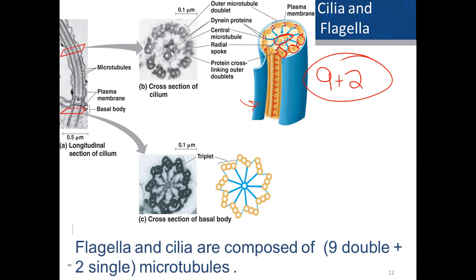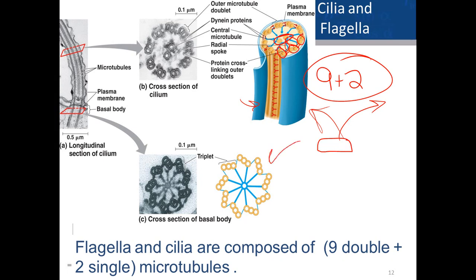There are these little protein arms called dynein proteins, and they are responsible for actually kind of moving up and down the microtubules, causing them to bend in one direction or another direction. Now, these flagella and cilia are always attached to a structure called a basal body.